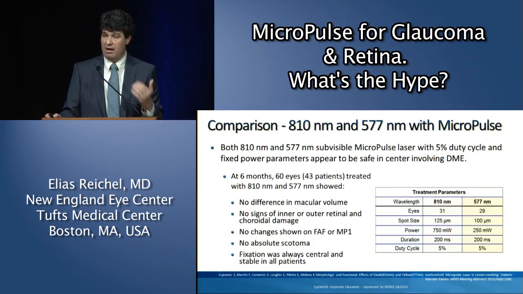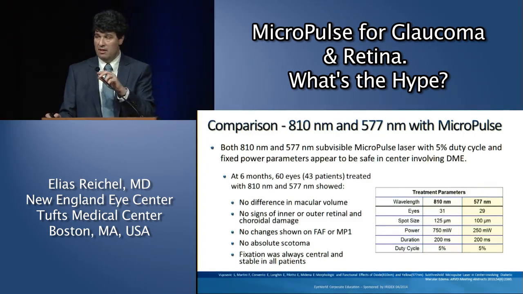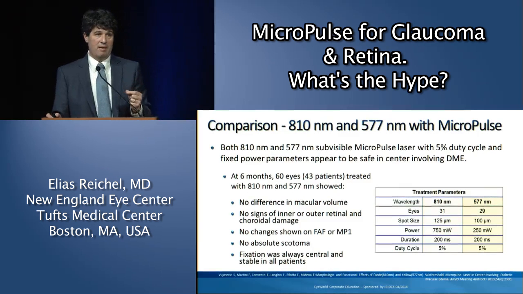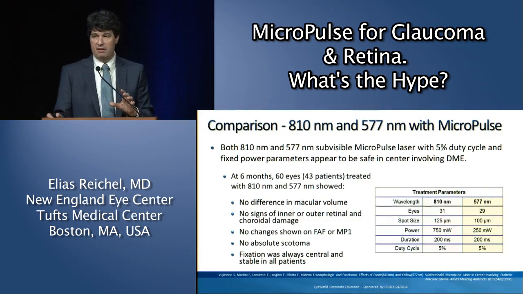You're going to have to go to a higher power, and the average power that was used was 750 milliwatts. With yellow, you use less power, and this is true whenever you use the infrared laser. You're going to have to crank it up a little bit higher to see some type of threshold or subthreshold burn. And so in this study, they actually looked at 250 milliwatts for 577 nanometers.